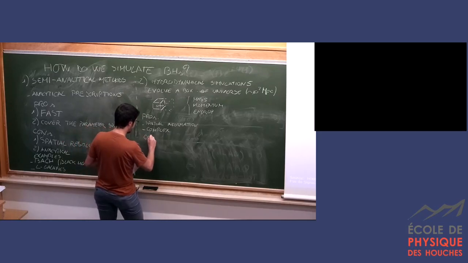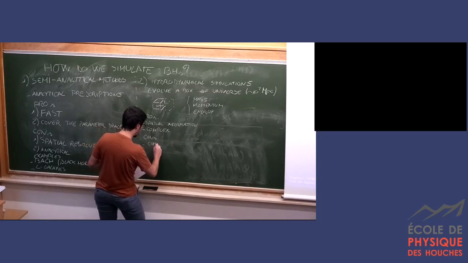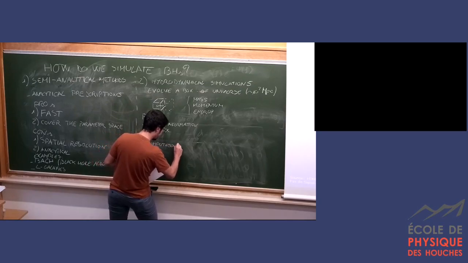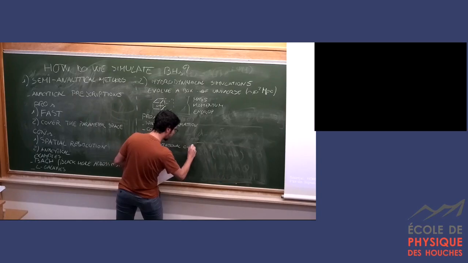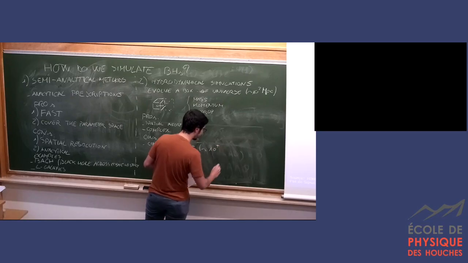On the other side, these simulations are heavily expensive, so they have a high computational cost. Here we are talking about the order of 10 to the 7 CPU hours.